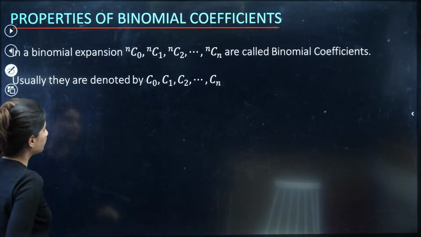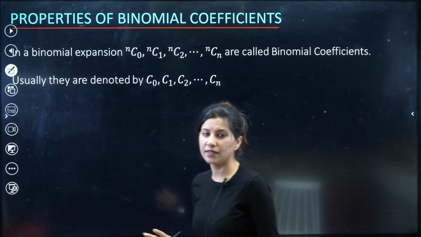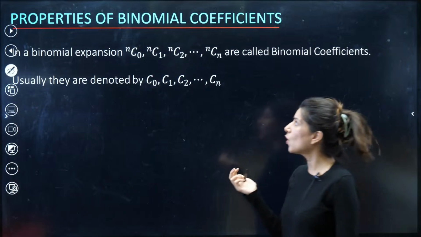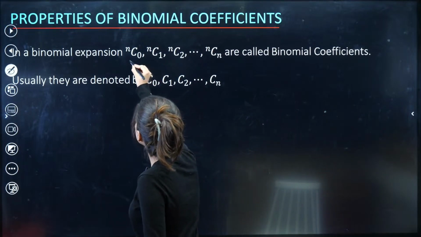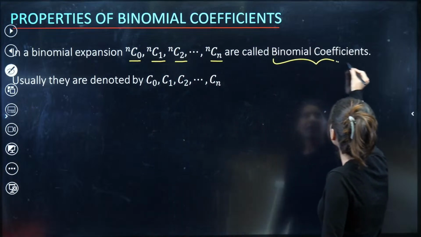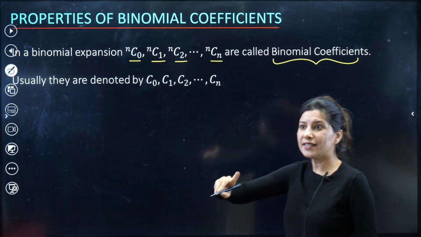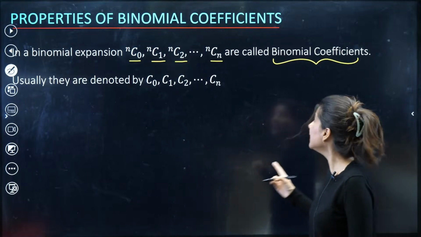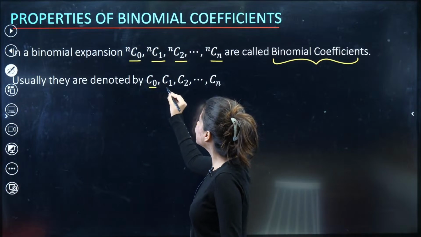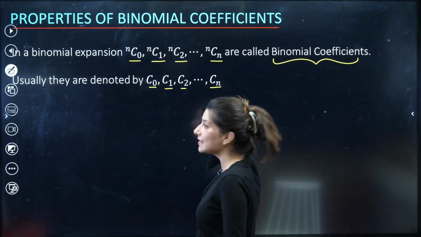Let me first tell you the basics about the binomial theorem. Let us recall that in a binomial expansion, NC0, NC1, NC2, up to NCn, what do we call them? Binomial coefficients. So let us understand the properties of binomial coefficients. Now, NC0 is also denoted by C0, C1, C2 and Cn.